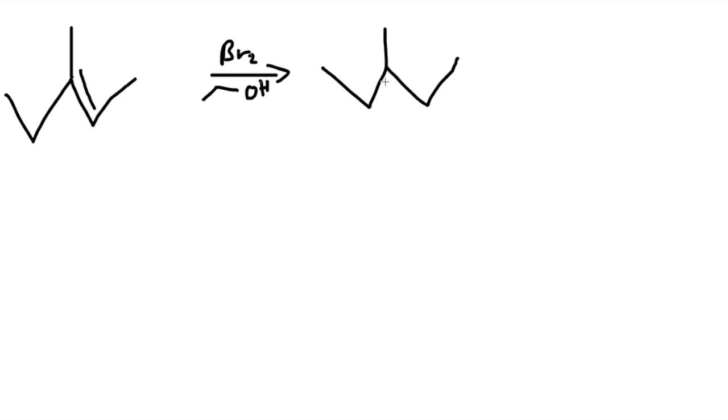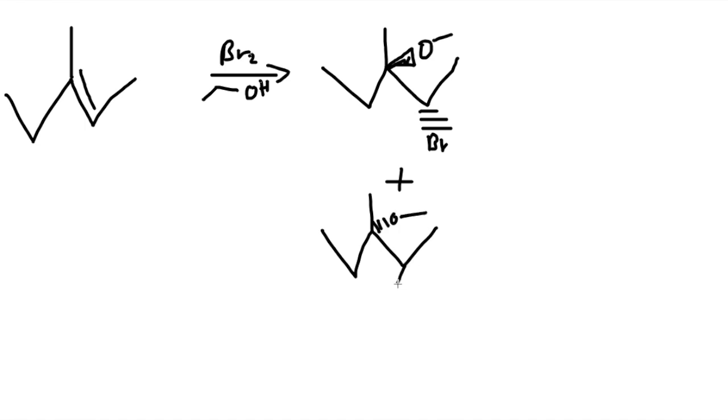Instead of adding OH on the carbon that has the most substituents, it would lose a hydrogen, so it would just be an O connected with a group, and then we would have bromine on the least amount of substituents. So here, and we would draw its enantiomer. Again, this is always an anti-addition.